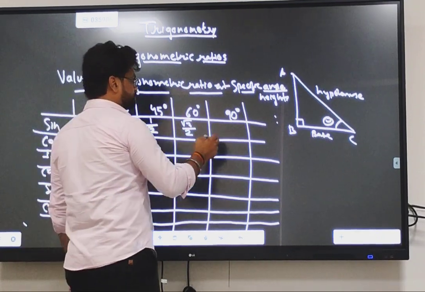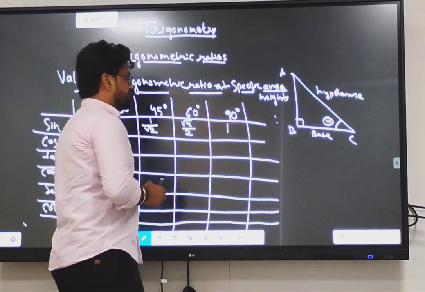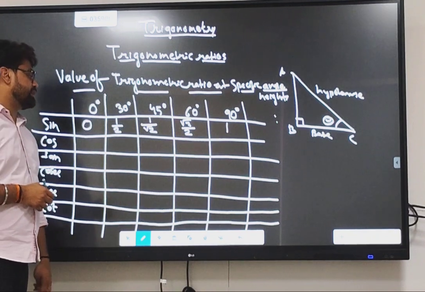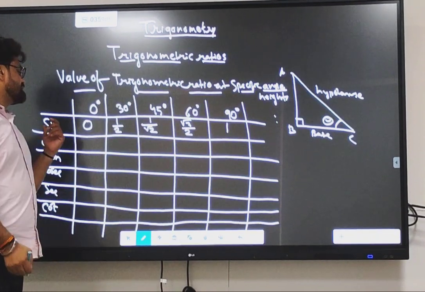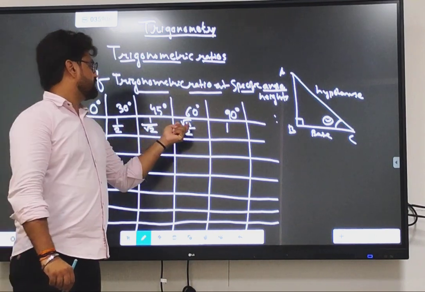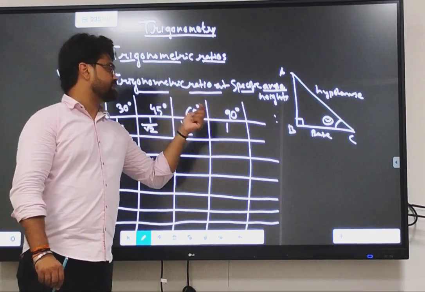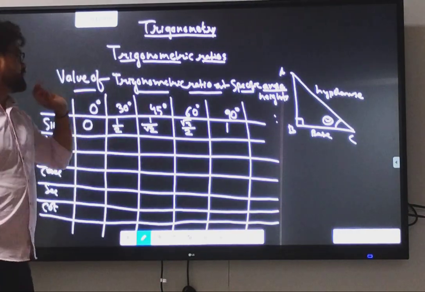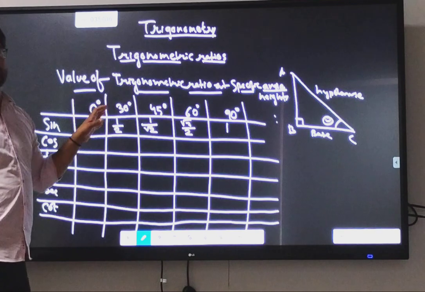And then sine 90 is 1. So basically we have sine 0 equal to 0, sine 30 equal to 1 by 2, sine 45 equal to 1 by root 2, sine 60 equal to root 3 by 2, and sine 90 equal to 1. So for remembering all these ratios, we just have to remember the sine.